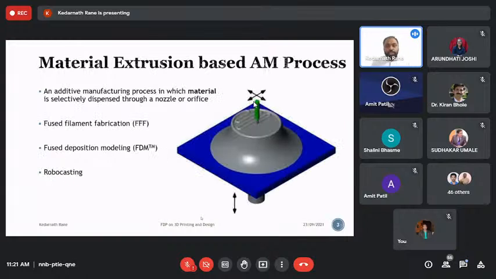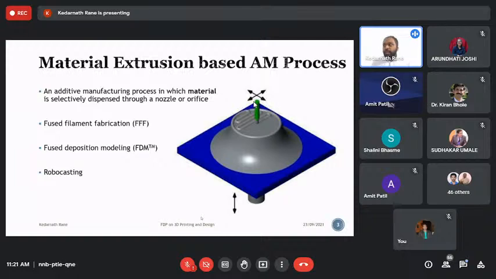Let's start with the extrusion-based process. What is basically novel in this process is that we are using material which is in semi-solid or liquid form to be deposited. So we are using a nozzle or orifice system to deposit the material in semi-solid form.